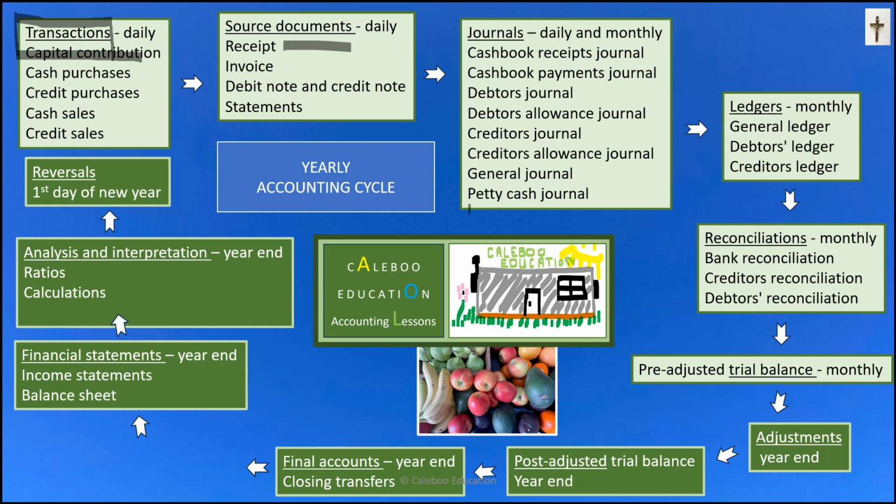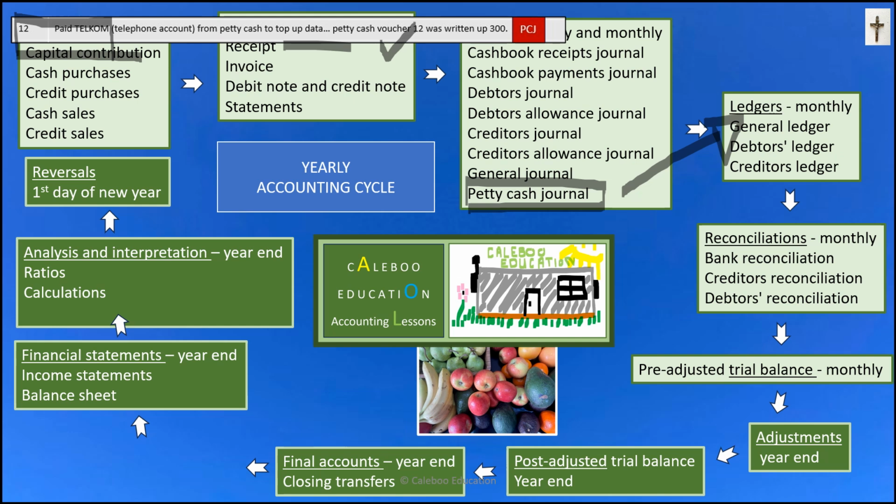Then we're going to put this transaction into the petty cash journal. And also in this video, I'm going to take the information from the completed petty cash journal to the general ledger. So that's what we're going to do today.